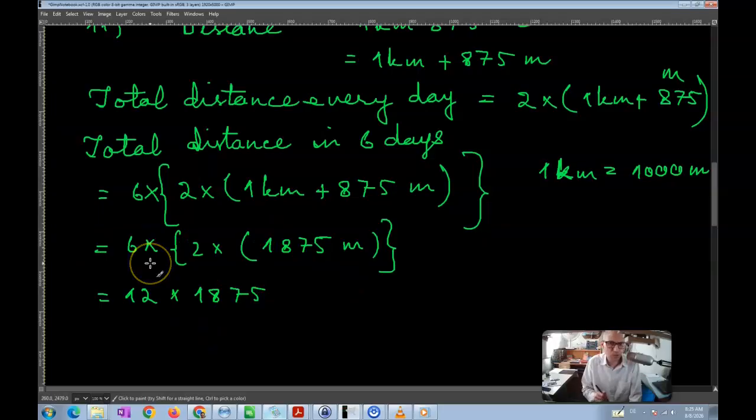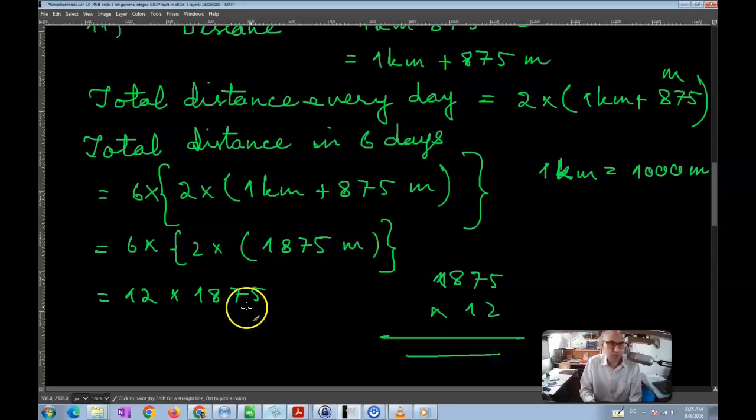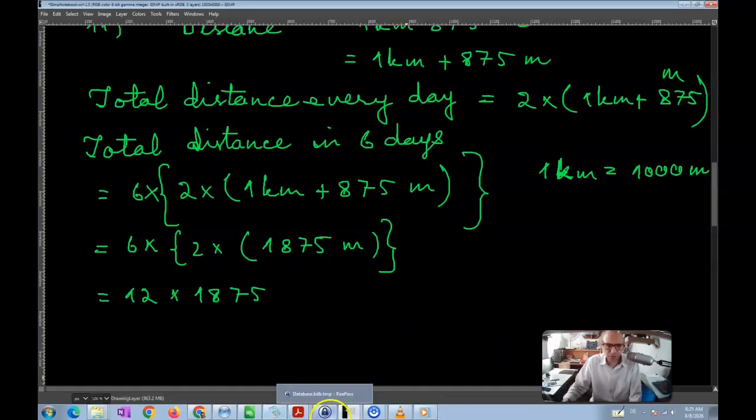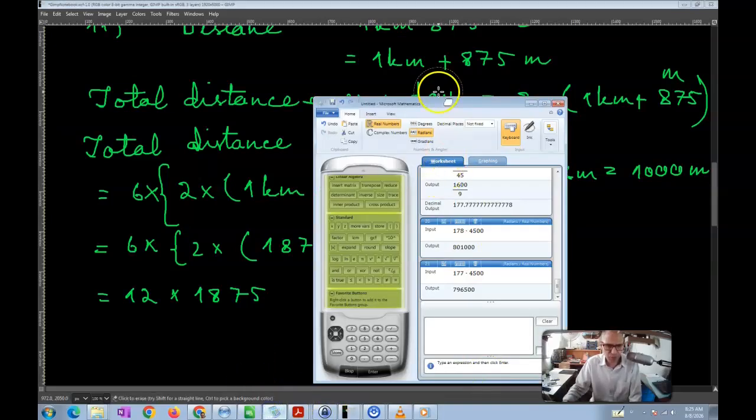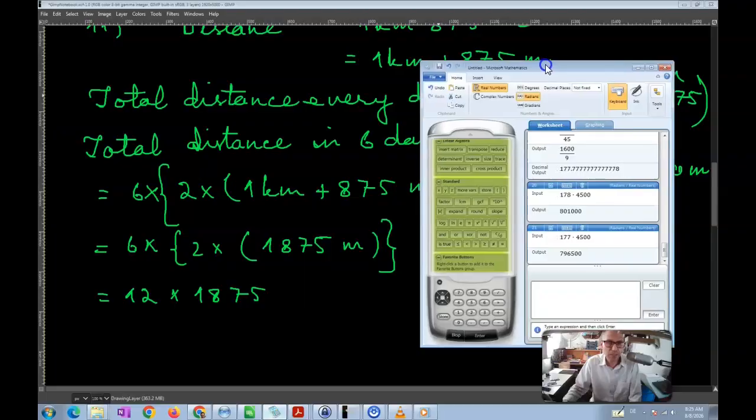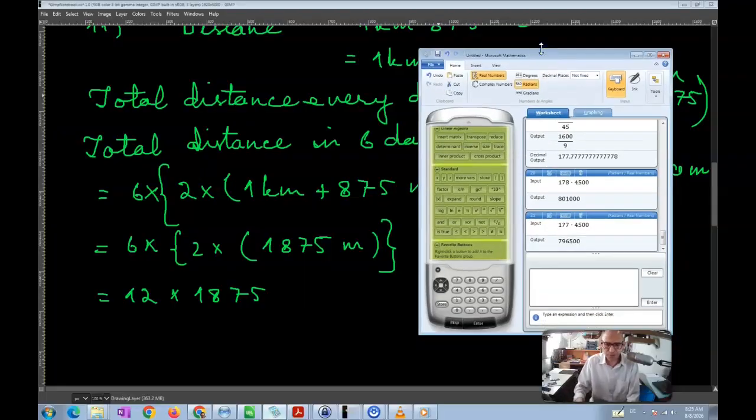And then of course you have to do long multiplication, 1875 times 12, and whatever you get over here would be the distance in meters. I'm going to do this on a calculator, but you need to make sure that you do this yourself, manually.